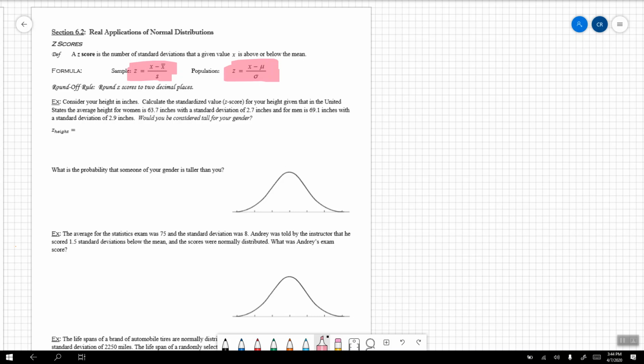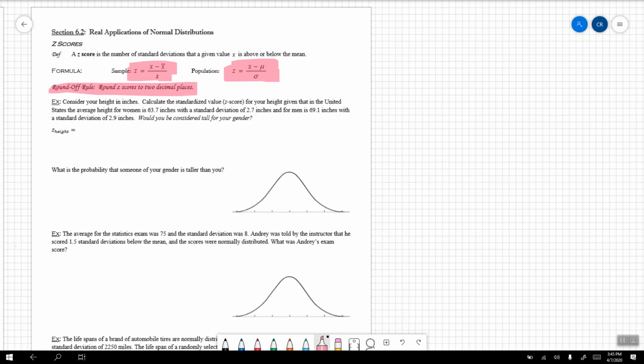The only difference is the notation that we use, but essentially it's the same thing. One bigger aspect is this round-off rule: every z-score that we use must be rounded to 2 decimal places.